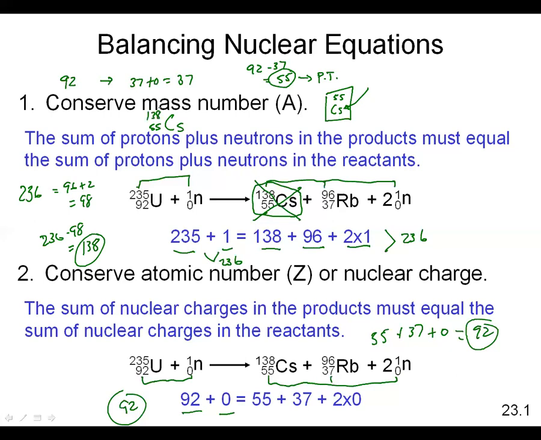So sometimes you'll be given equations where something's missing, and you need to determine the missing element. A good place to start is with the atomic number, and then work your way to the mass number. For the most part, a lot of times it will be an element that you find on the periodic table. But remember that something missing may not necessarily be an element per se.